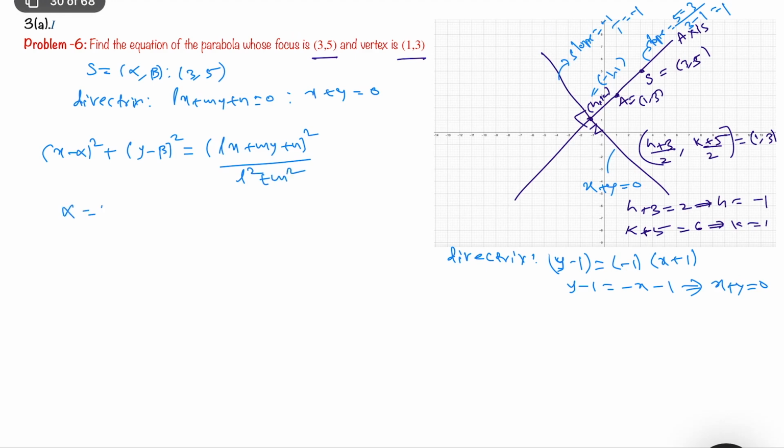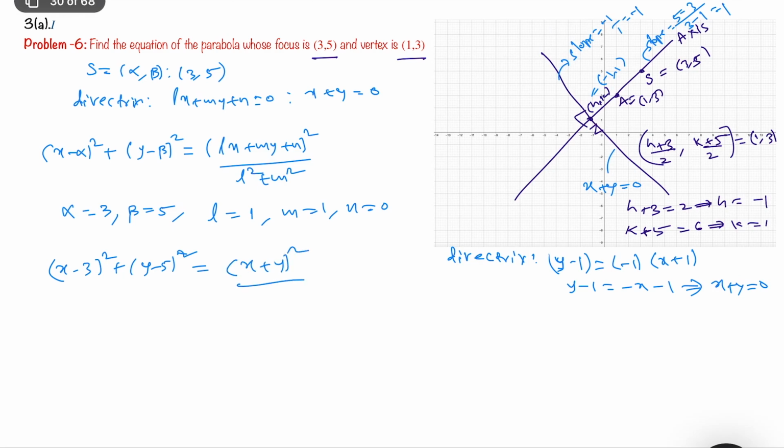Here alpha equals 3, beta equals 5 and L equals 1, m equals 1, n equals 0. Okay, so it's going to be (x minus 3) whole square plus (y minus 5) whole square equal to (x plus y) whole square by (1 square plus 1 square).